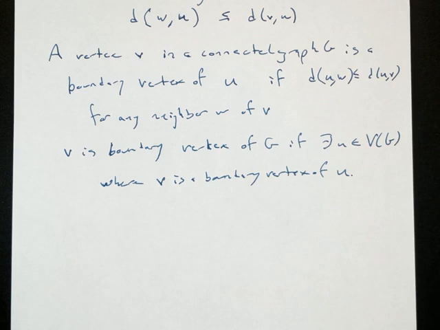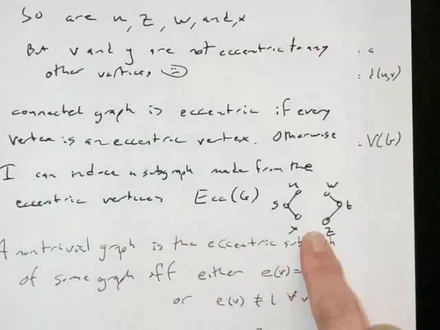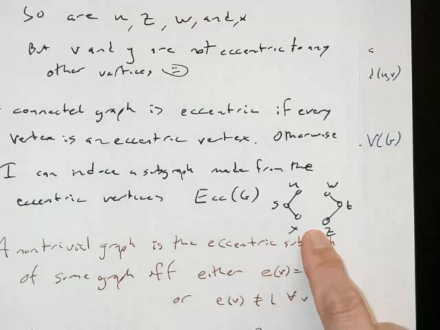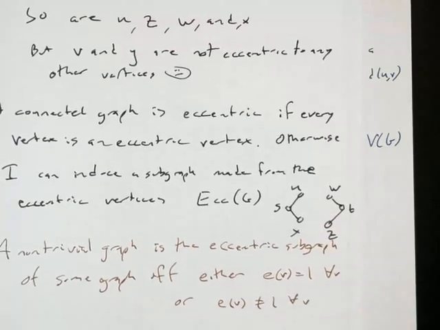But if a vertex is a peripheral vertex, then it must be an eccentric vertex. But not the other way around. We could have eccentric vertices that weren't peripheral. We just did that right here. The periphery of that graph is only S and T. But the eccentric vertices include U and V, sorry, W and Z. So there are more eccentric than there are peripheral. But every peripheral is in the eccentrics.